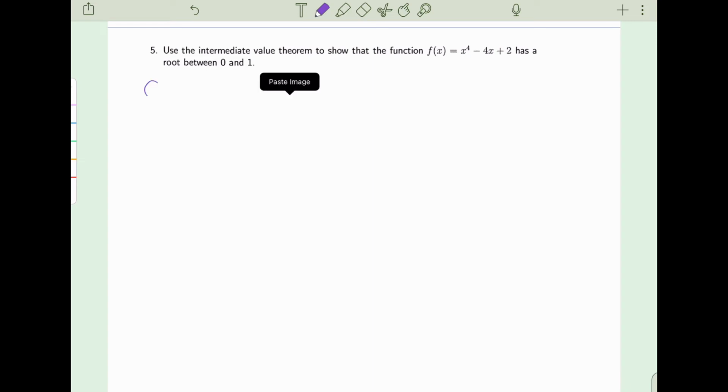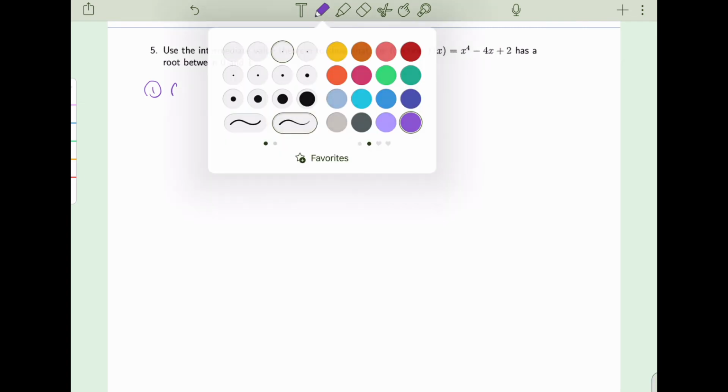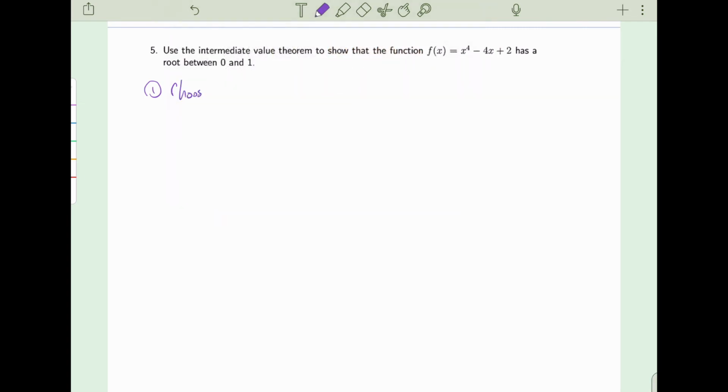The first step is to choose an interval, denoted here by a, b, right? And then you also need to make sure f of x is continuous on the interval you've chosen, right?